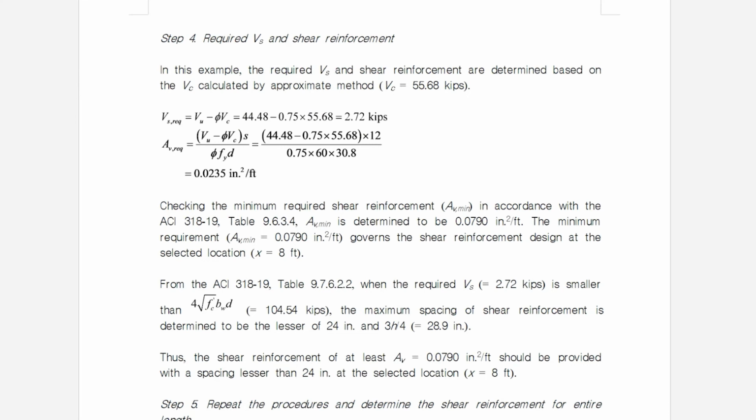Maximum spacing is 24 or 3/4 of H. So 24 is the maximum. With this amount, well, actually the calculated spacing will be very large. So I use the maximum spacing of 24 inches at that location.